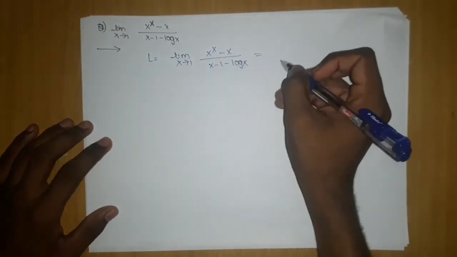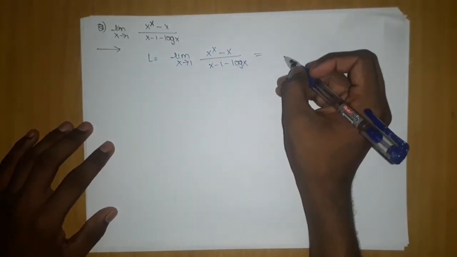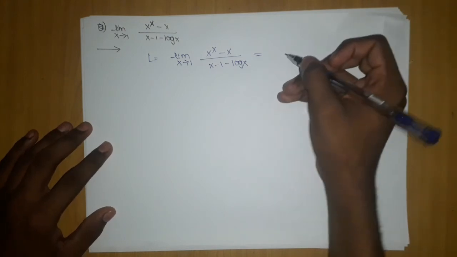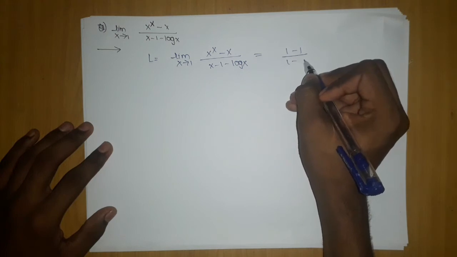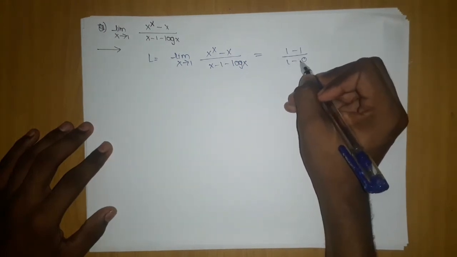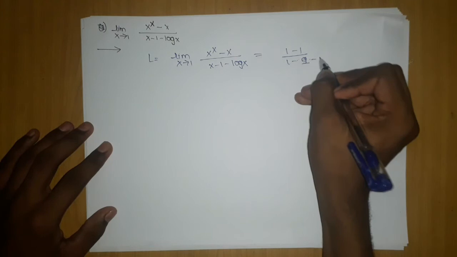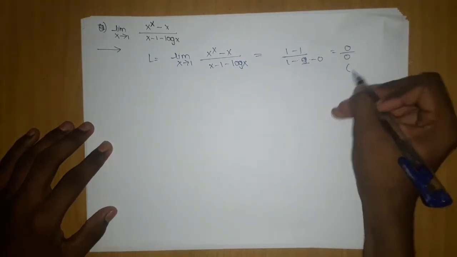After this, substitute the values, and you will get 0 by 0, which is an indeterminate form.